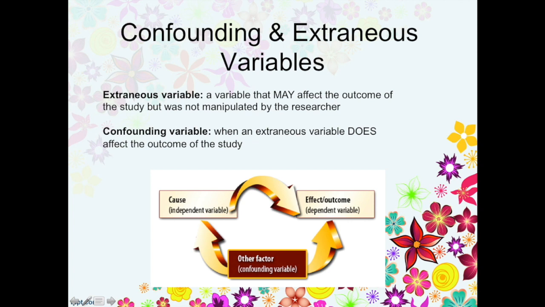So extraneous variables are variables that may end up creeping their way into your study if you don't control for them. And if they do creep their way into your study because you didn't control for them, then at that point we would level them up and call them a confounding variable. So a confounding variable is when an extraneous variable does affect the outcome of the study.